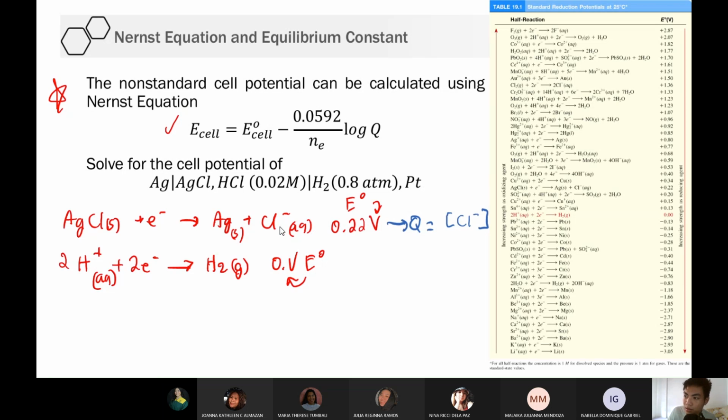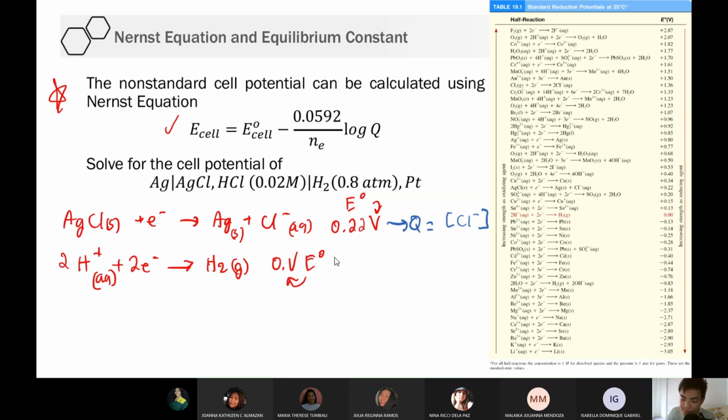So, ang product, Cl lang ilalagay mo kasi solid 'to. Ang reactant ay wala kang ilalagay kasi yung solid di mo isusulat, yung electron hindi rin isusulat kasi walang concentration yung electron. Okay? So, ito yung Q na ipa-plug in mo for this one to solve for the E of this.